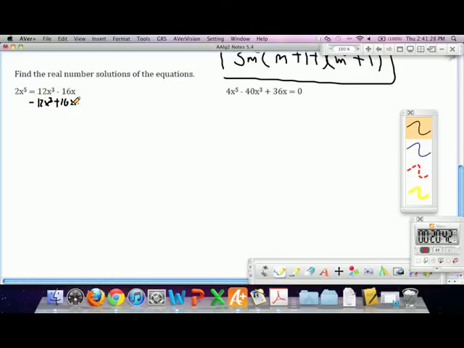Let's factor this completely. What's in common? A 2 and an x. What's left over? X to the fourth minus 6x squared plus 8. And this stuff is equal to 0.